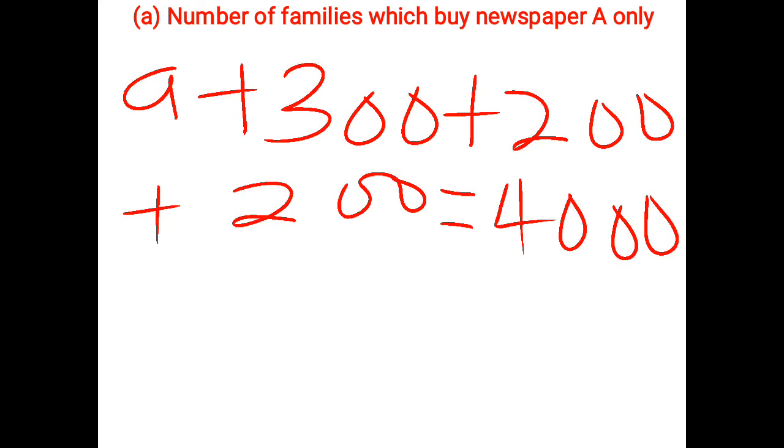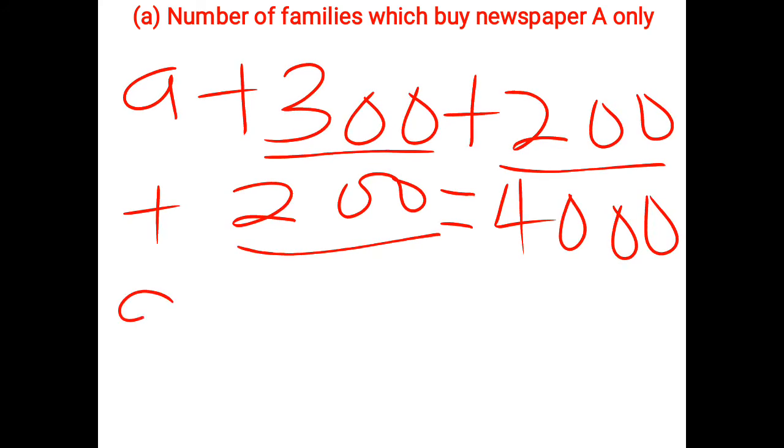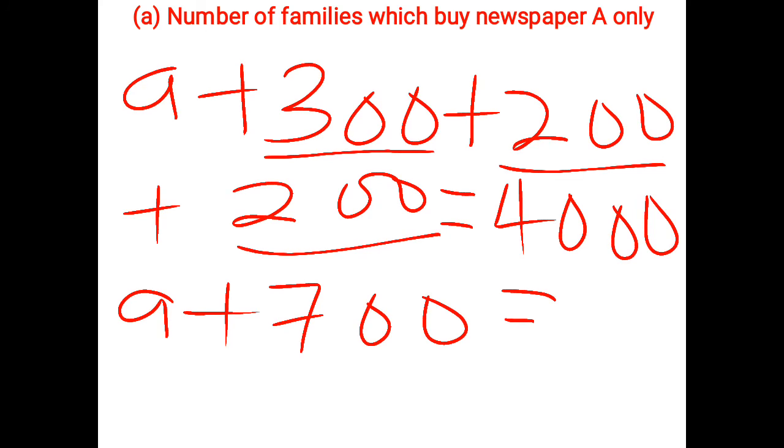Right, so 300 plus 200 is 500, plus 200 is 700. So we have A plus 700 should be equal to 4,000.